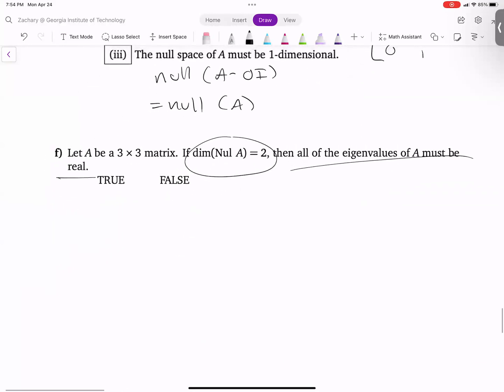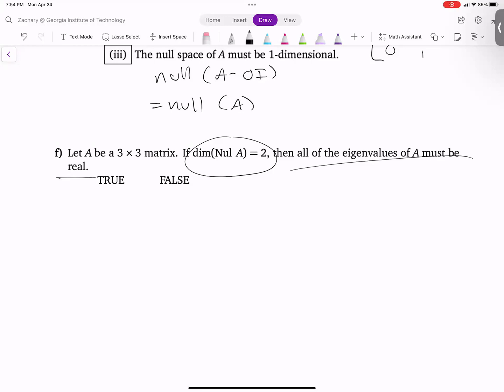How many eigenvectors do I have for lambda equals 0? 2, right? The dimension of the null space of A minus 0I is 2. So there's only one more eigenvector left to be taken, and they come in pairs, so we can't pair it with anything else.